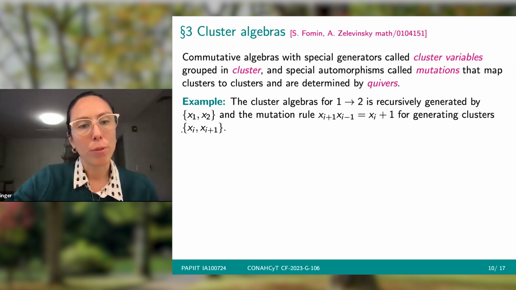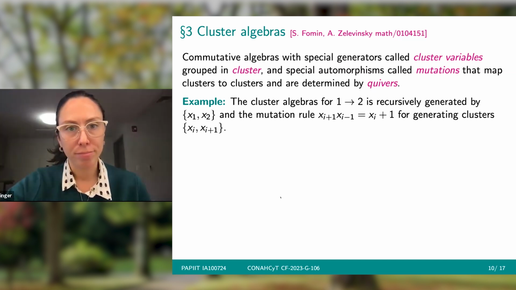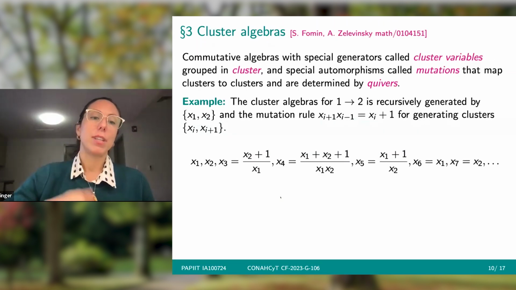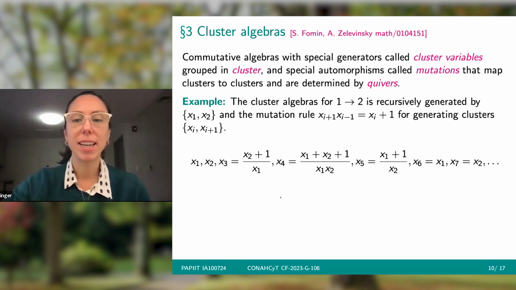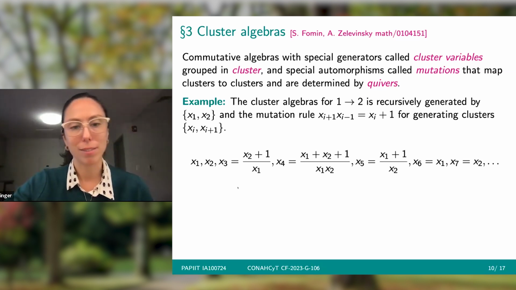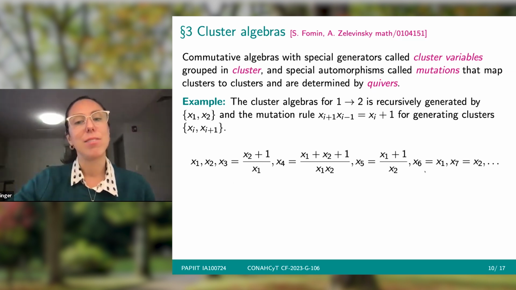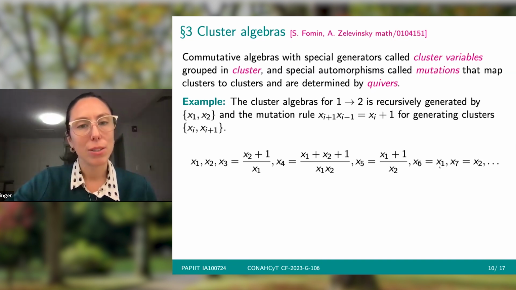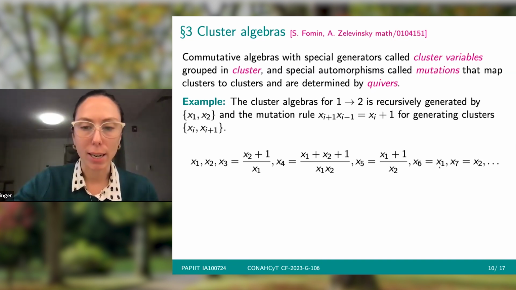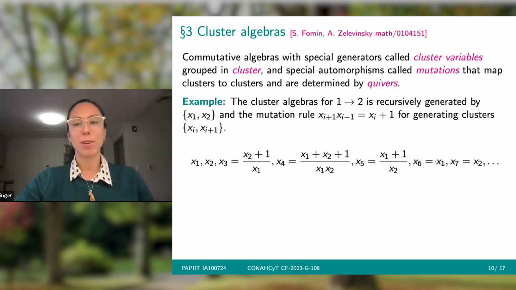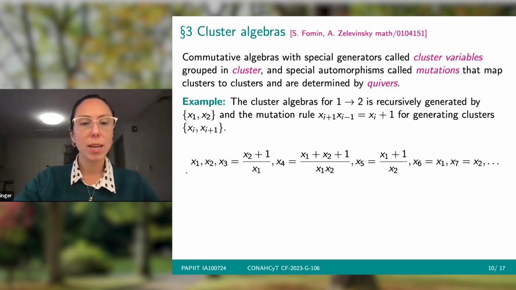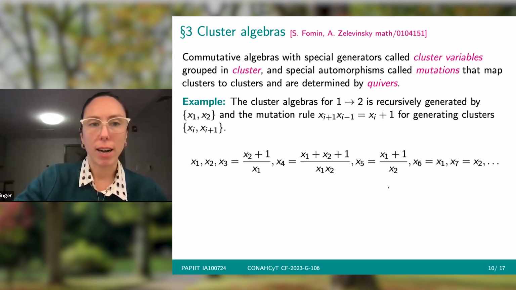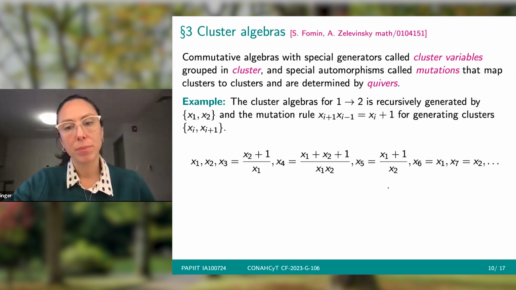And my clusters will all be of the form xi and xi plus 1. So if I start playing this mutation game, in this case, it's actually not that interesting because after a few steps of mutation, I realize that the sixth variable was already present before. So the whole system is periodic. I get back to the first cluster variable x1, and then I get back to x2. And in total, I just have 5 different cluster variables.